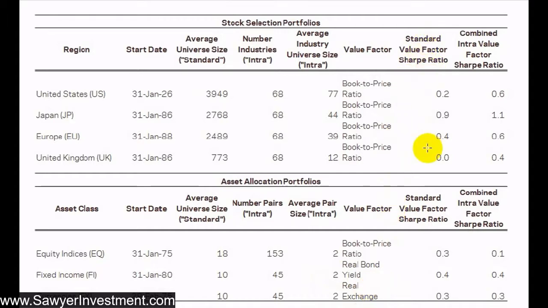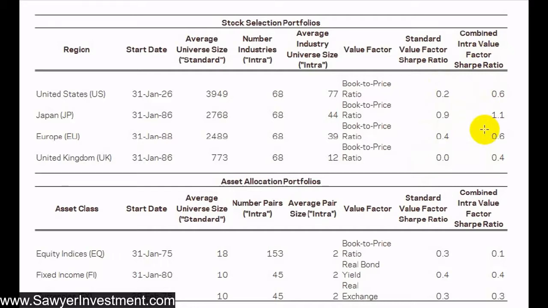So now moving on to the results of this particular study, this first column here is the Sharpe ratio using the entire universe. So taking the top third and going long those based on this value factor, and going short the lowest ranking based on this value factor, we come out to this Sharpe ratio, which is positive in all cases.